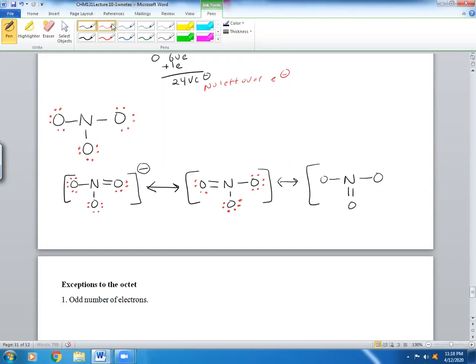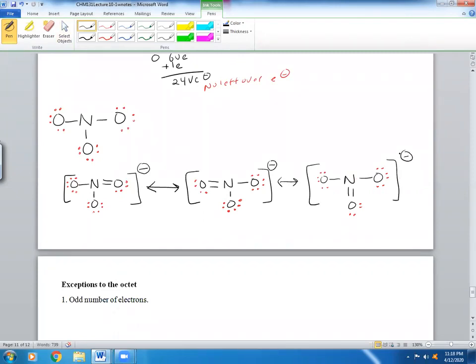So nitrate itself has resonance structures. It's always in resonance. There you go.